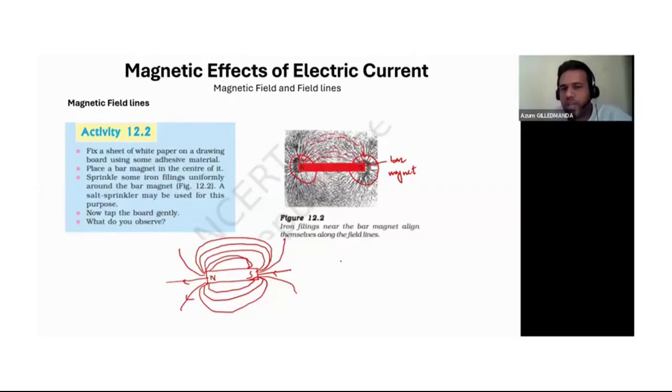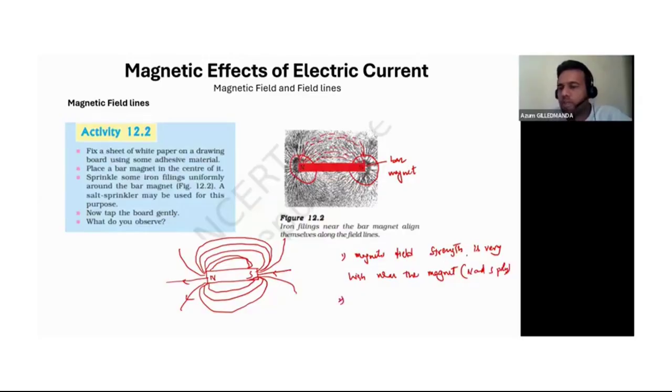So what we can say here is number one. The magnetic field strength is very high near the magnet, particularly north and south poles.